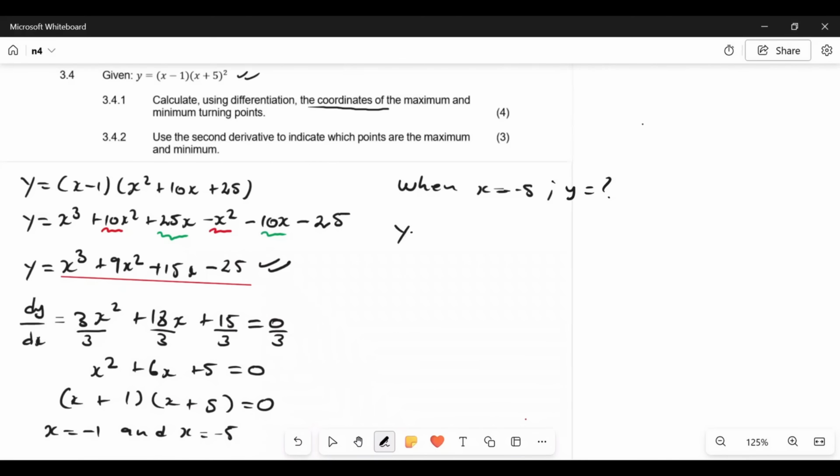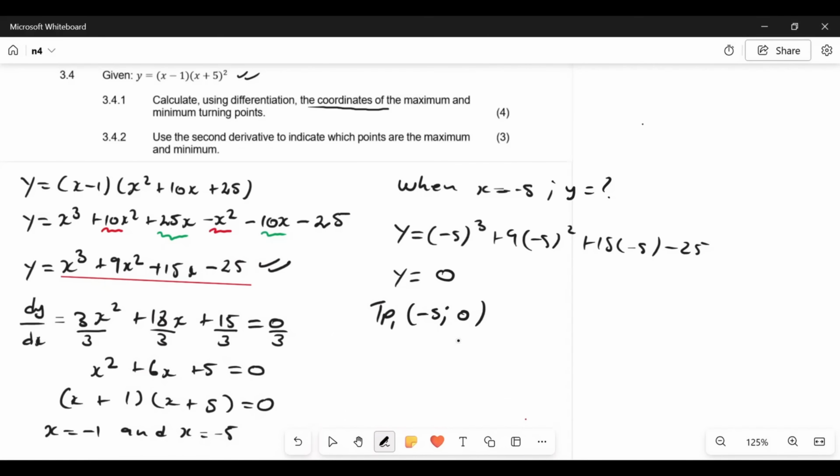Wherever there is x, we're going to substitute with -5. Then cubed plus 9 times -5 squared plus 15 multiplied by -5 minus 25. Now if I put this on a calculator, what I'm getting here is actually 0. So this point here, let's call it turning point 1. When x is -5, our y is going to be 0.